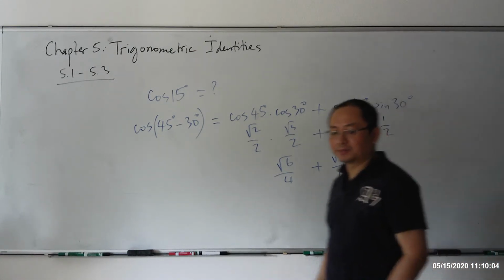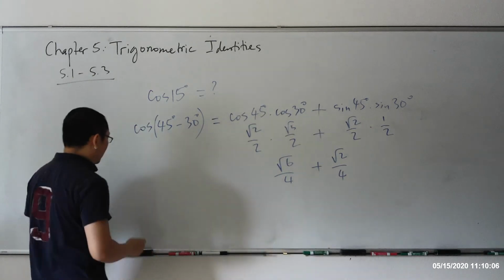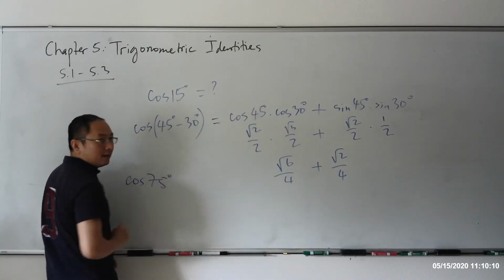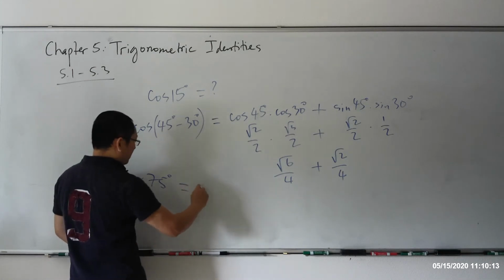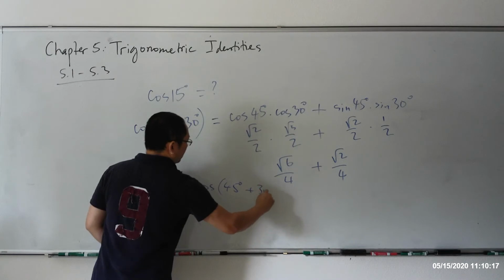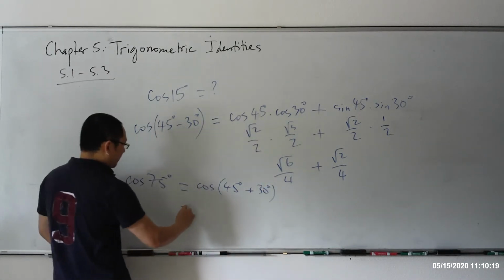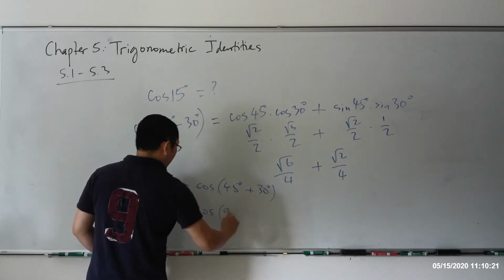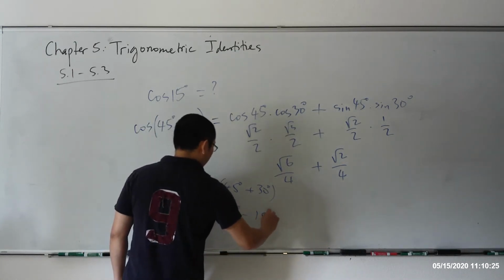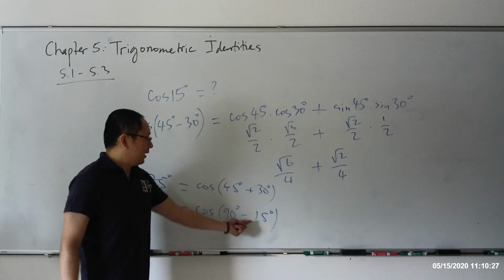Are we good? You can try this one. I'll just give you. How about cosine of 75 degree? You can think of it as cosine of 45 degree plus 30 degree. Or you can even think of this as cosine of 90 degree minus what? 15 degree. Now, we know 15 degree right here.